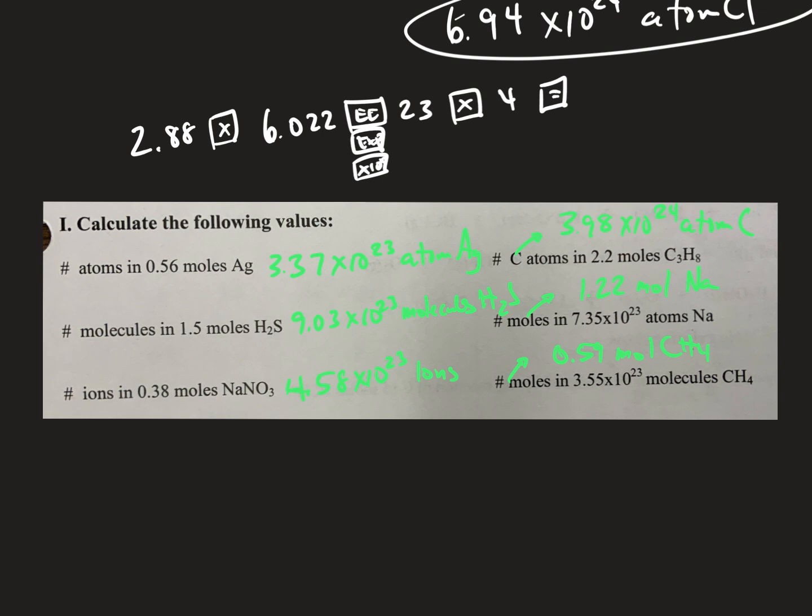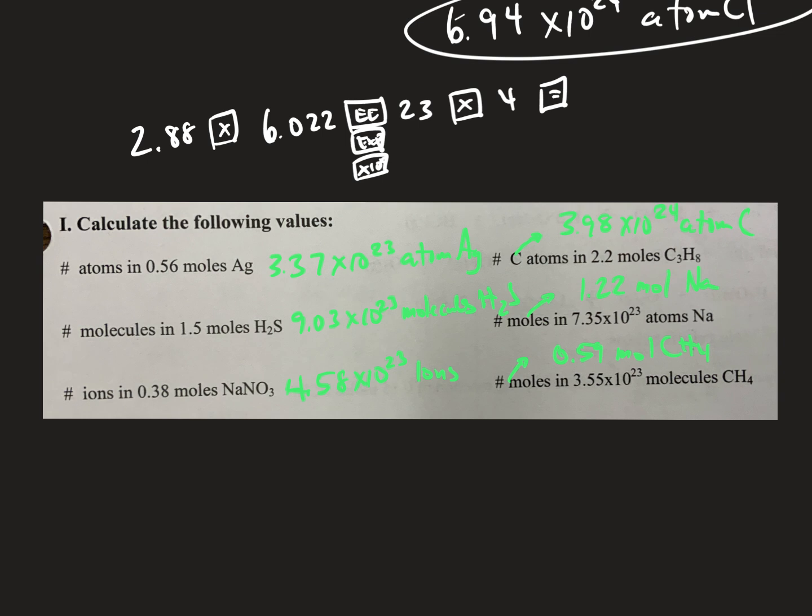What are these called? Molecules. Because it's a compound, it's not an ion. But this is an ionic compound, right? How many ions are in one of those?